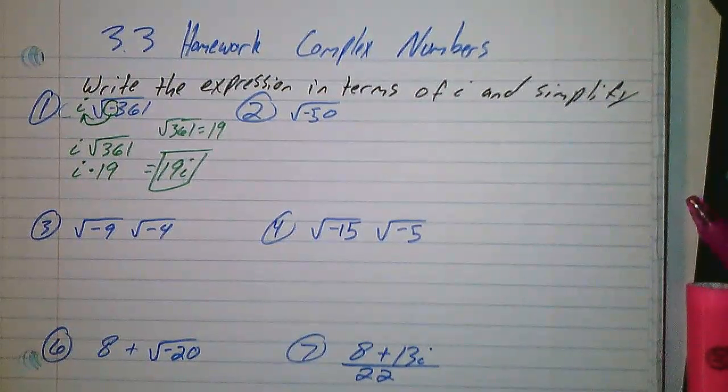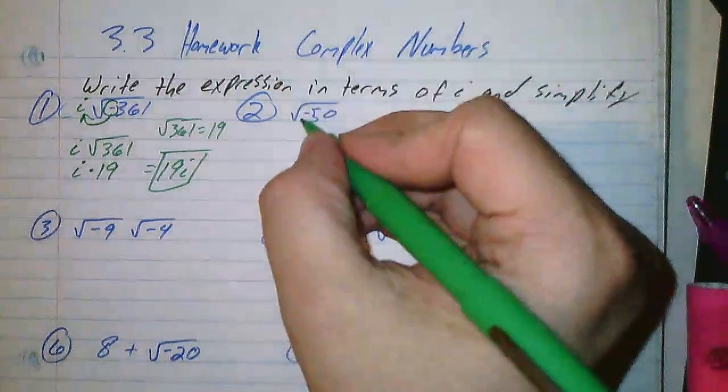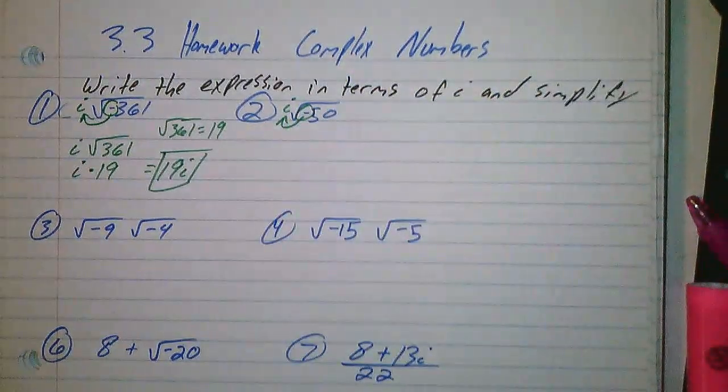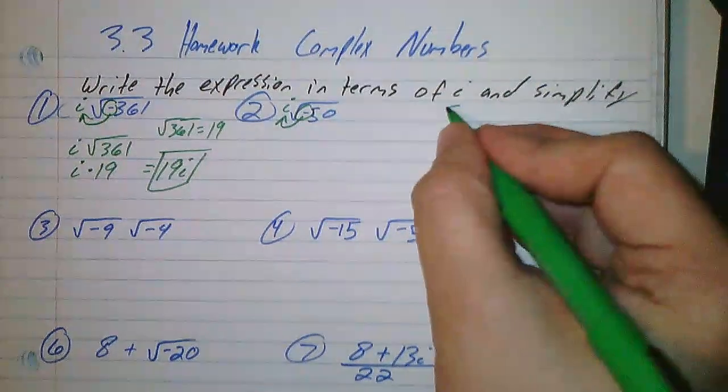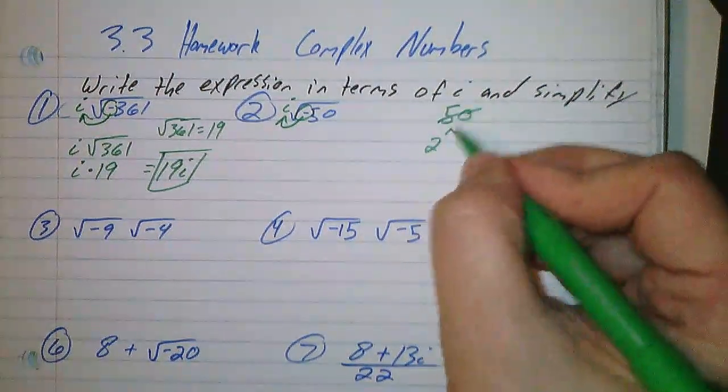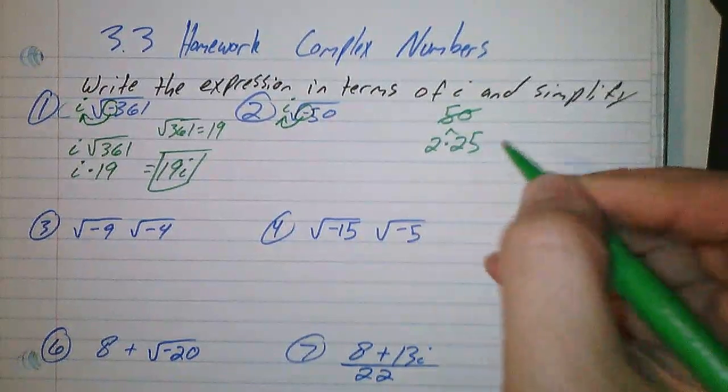Number 2 is not a perfect square. Again, we take this negative, move it out of the radical as i. And then we can do a factor tree for 50. We know it's even, so divide by 2 to get 25.